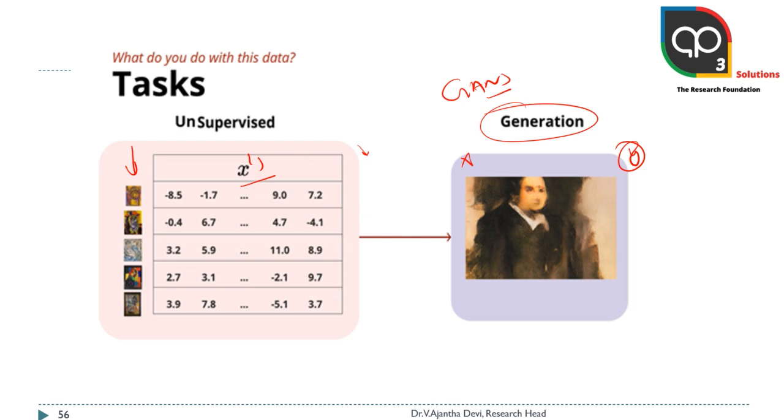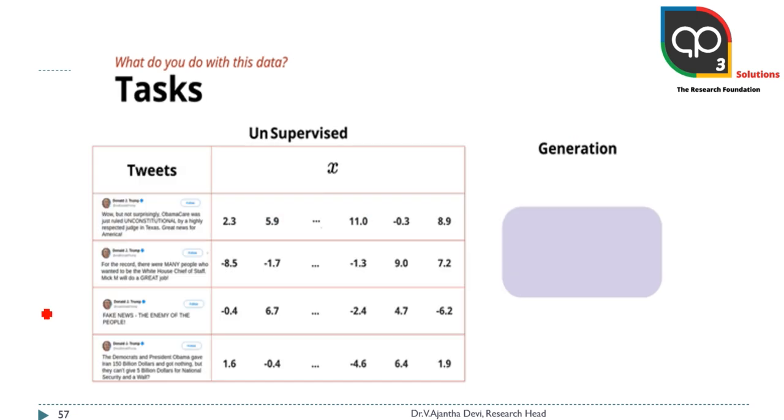Similarly, there is another funny task that you might be aware of. You are given a lot of tweets, here by Donald Trump, tweets which were made by him. All these are my X's, and now you want to generate a new tweet, which is again an X, and here also there is no Y. It looks similar to the tweets that were made by Donald.